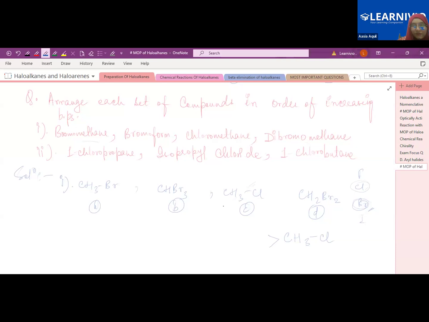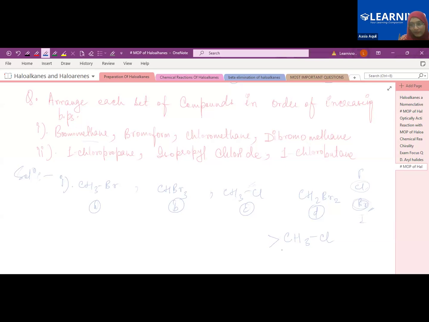Which option? Yes, Lubna, tell me the answer. B? No. C? Let's see how to analyze this type of question.